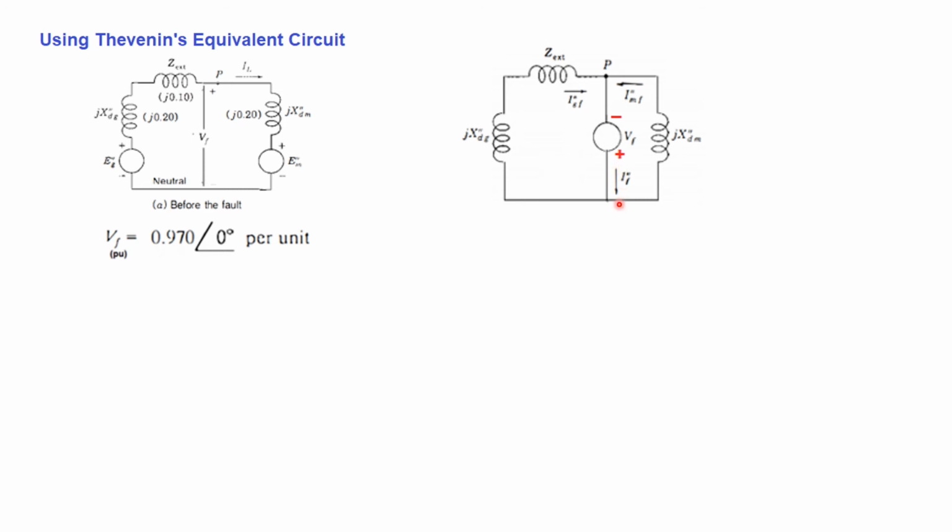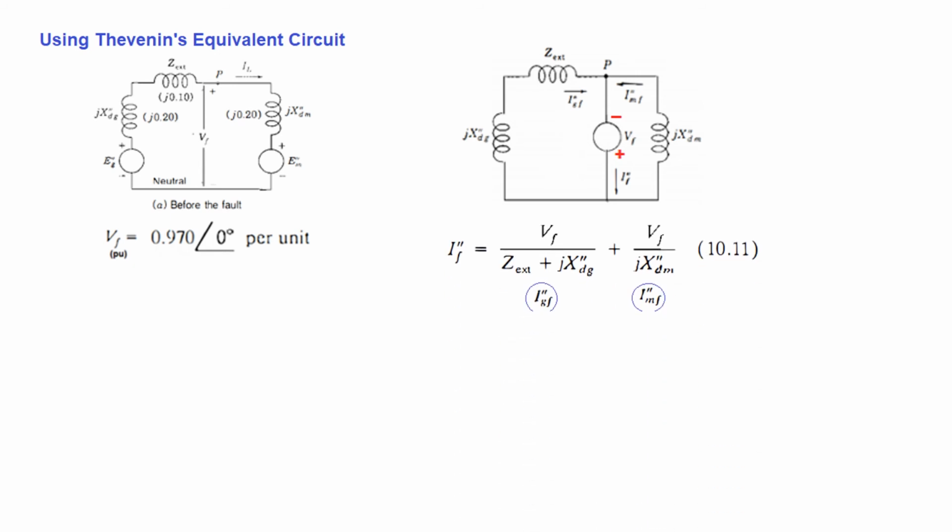So the current flows like this through the circuit. Then we can replace the generator voltage source and the motor voltage source by a fault voltage source.